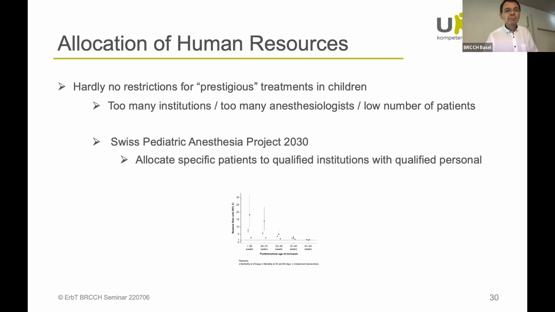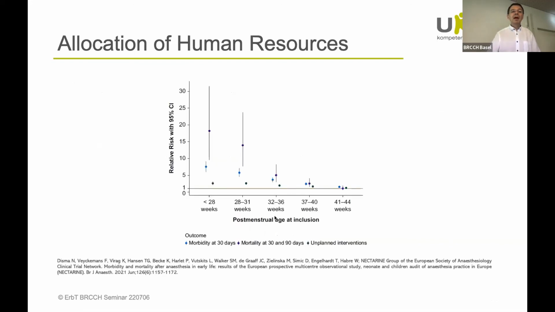Now, again, I want to show you these results of the so-called NECTARINE study. It's a huge European observational study looking into complications and the course in prematurely born children and neonates.